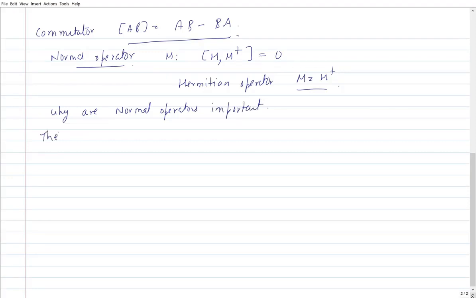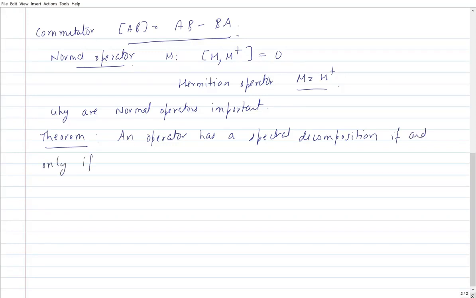Well, there's a theorem that says that an operator has a spectral decomposition if and only if it is normal. Now, the proof is kind of neat and elegant. Let's just go through how you proceed proving these things.